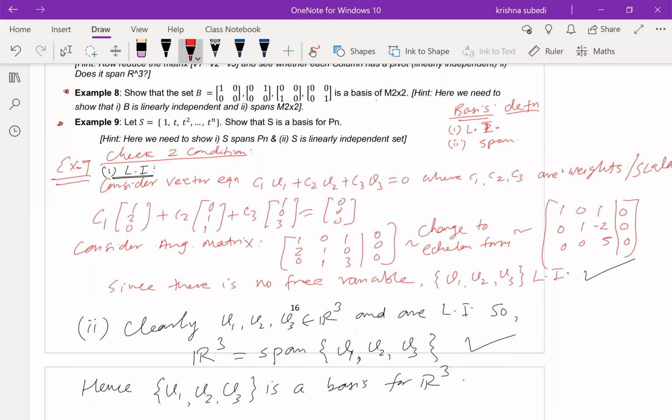Which one do you want me to try? Okay, Dhruv, you want me to do 9 or you want to do 9? You. Okay, me 9. Everyone is okay with that?